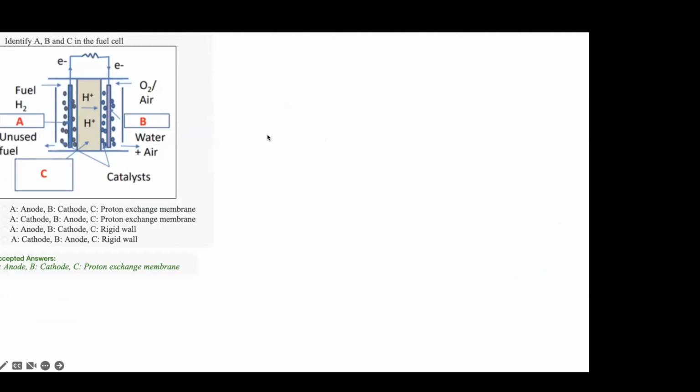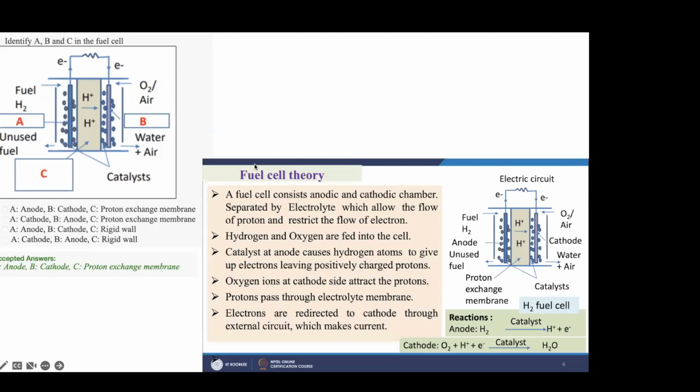Yeah. So the first is A is anode, B is cathode, and C is proton exchange membrane. Even if you do not remember which was anode and which was cathode, you can go back to the slides and it will help you out. Even if you are not able to understand it, the basic concept is that at the anode, there is a particular reaction which occurs, right?